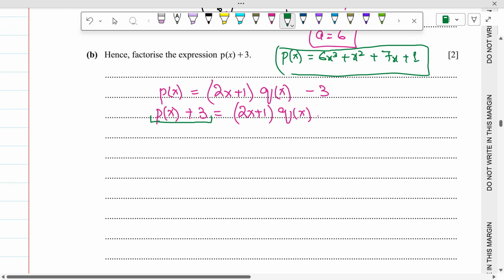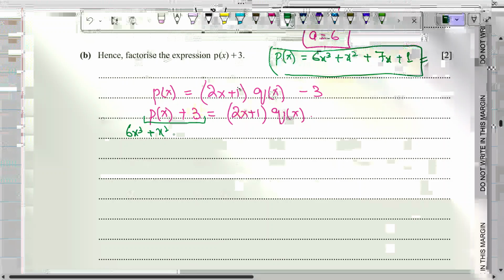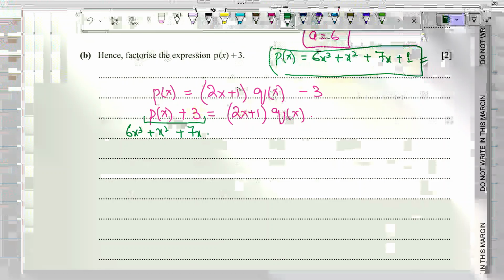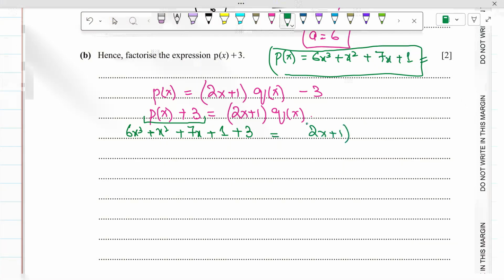So plug the value of p of x into this equation. We have 6x cubed plus x squared plus 7x plus 1, plus 3, equals 2x plus 1 times q of x.